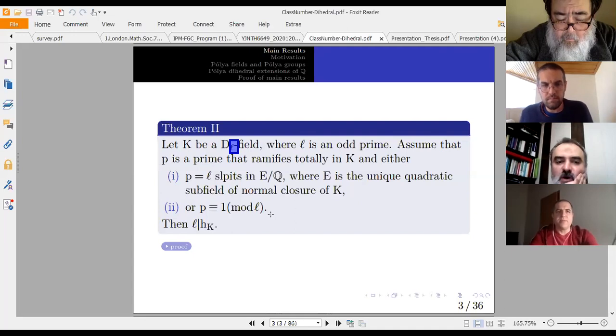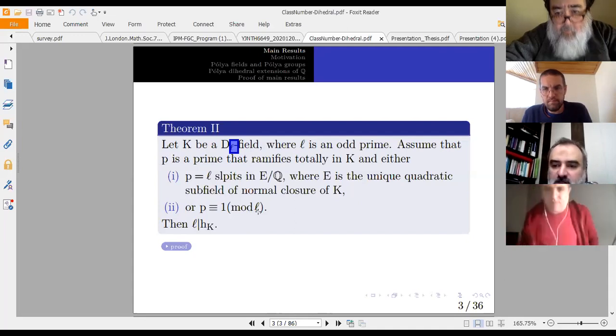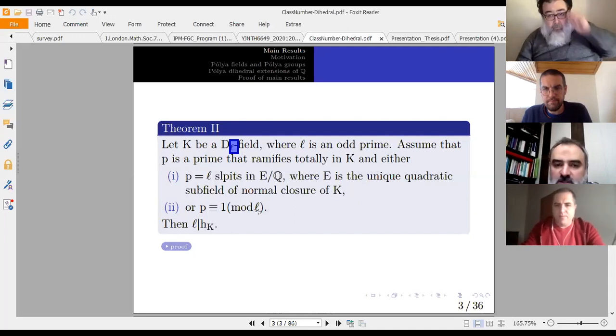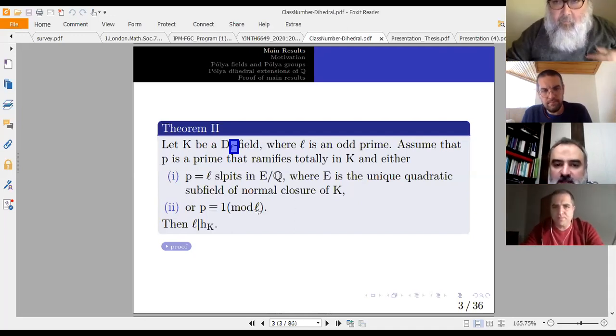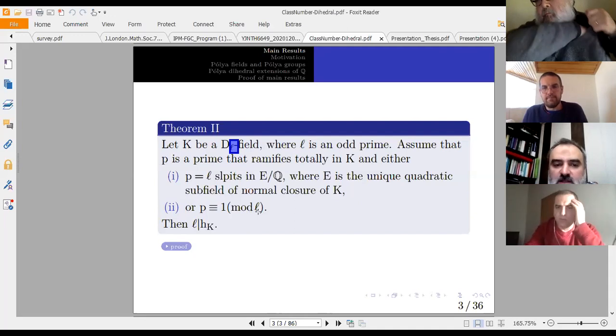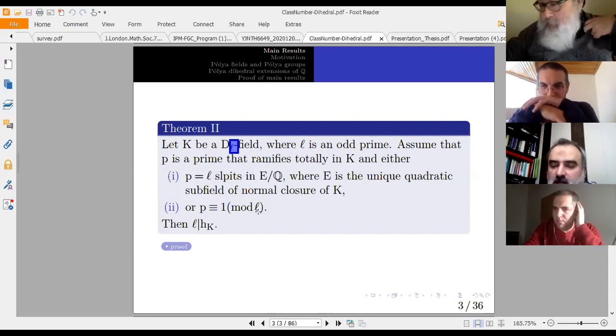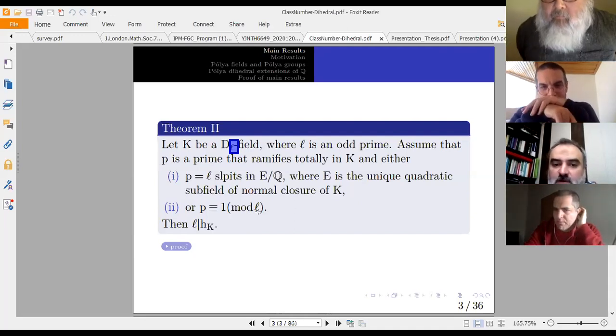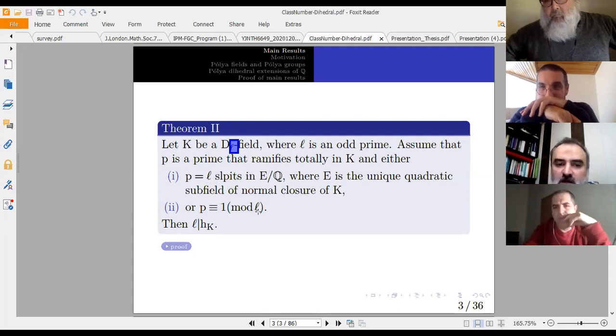So all these results that are done for a class group, if you use that dictionary, would translate to some results about the Shafarevich-Tate group of the elliptic curve. And that's why I think these problems are interesting, because that's a major problem.